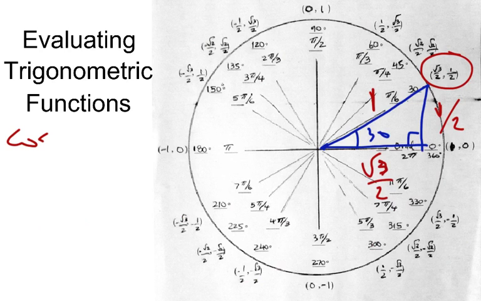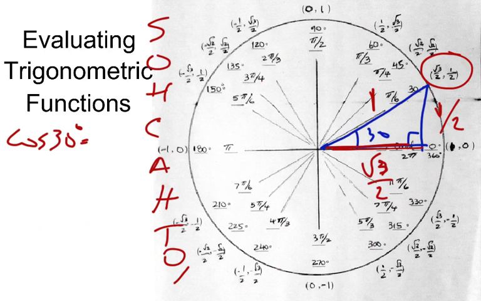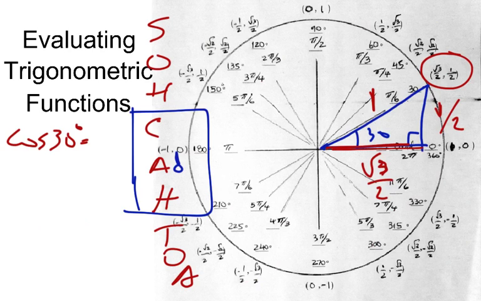Let's say that cosine of 30 degrees is adjacent side. Remember SOHCAHTOA? Cosine is adjacent over hypotenuse.